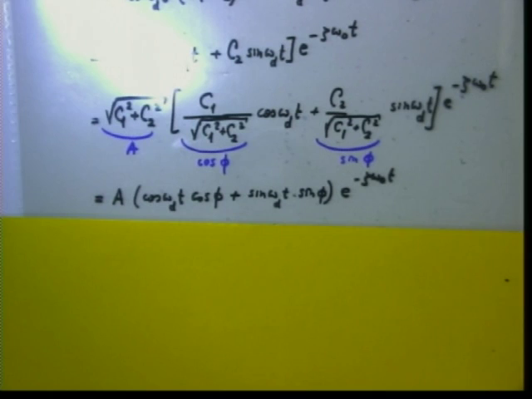Yes, sir. E to the power minus zeta omega, is it omega d or omega 0? Here, no. This relates to this expression. The power is in power minus zeta omega sub 0 t, as it was before. Should it be sub d or sub 0?